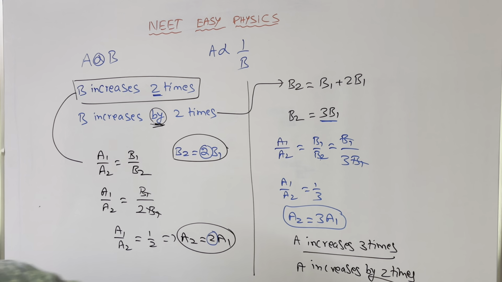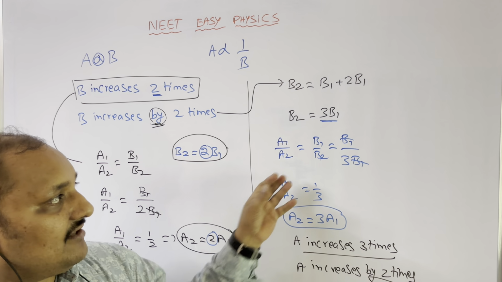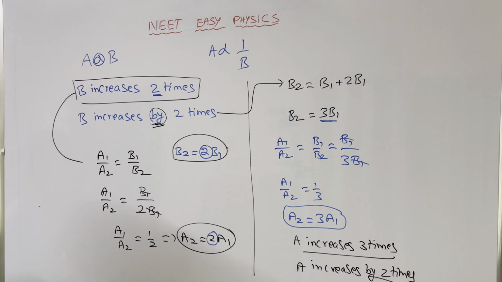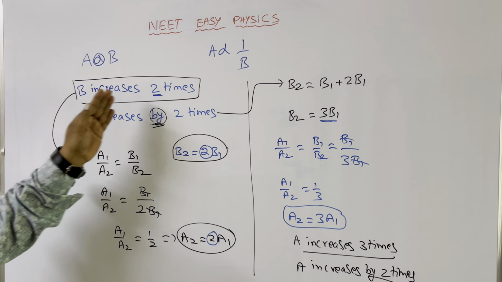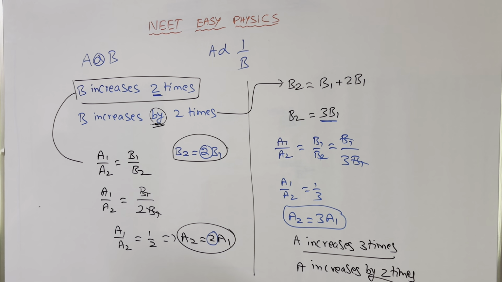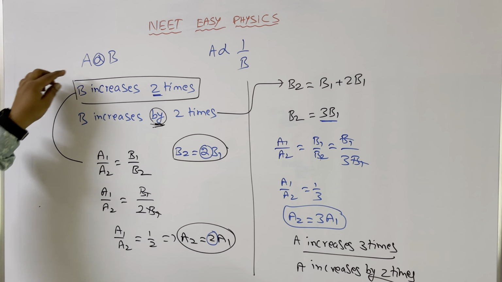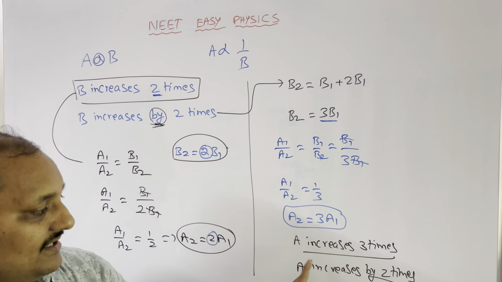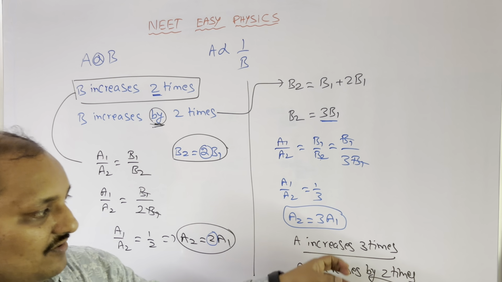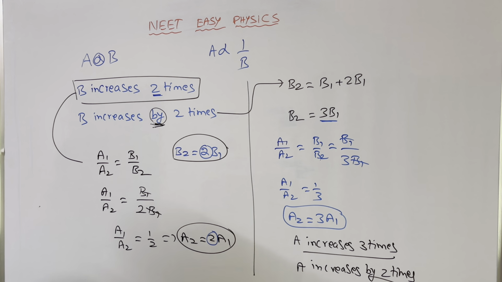Whenever "by" is coming, one number comes extra. You have to remember that carefully. This is for directly proportional. Whenever B increases 2 times, A also increases 2 times. Whenever B increases by 2 times, A increases 3 times, that is, increases by 2 times. You have to take care about the options carefully.